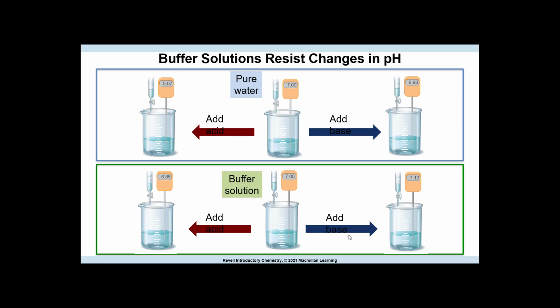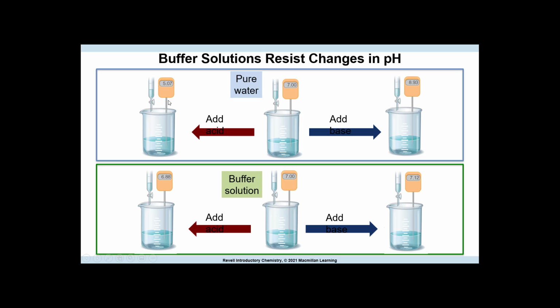For example, let's begin with a sample of pure water. If we start here in the middle at a pH of 7 and add a small amount of acid, the pH drops drastically. If we add a small amount of base, the pH increases drastically. So you can see this is almost 9, this is almost 5.